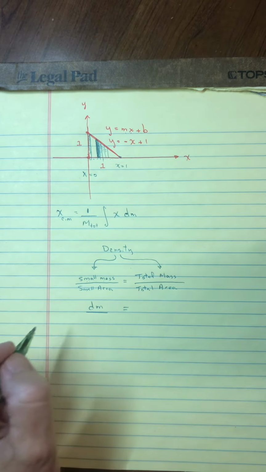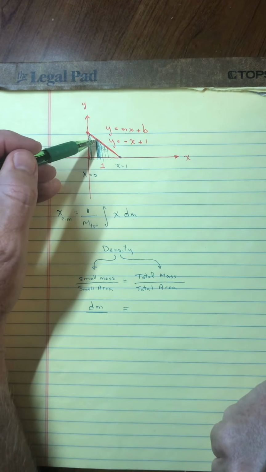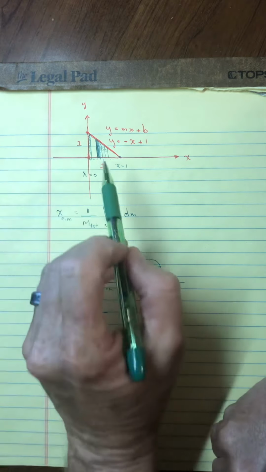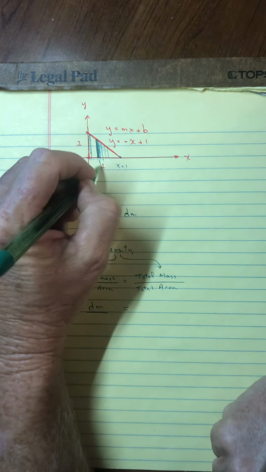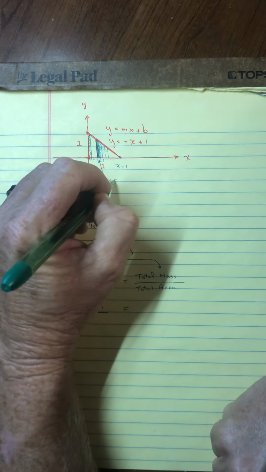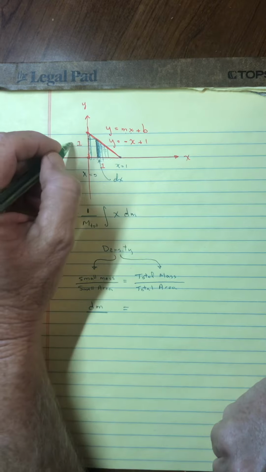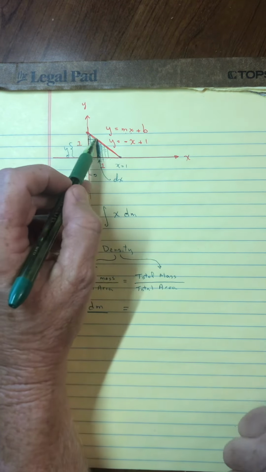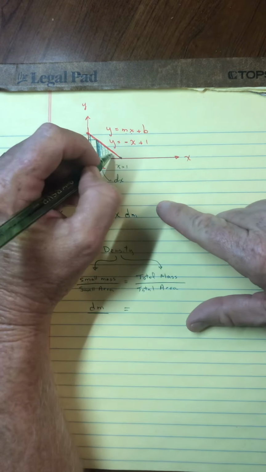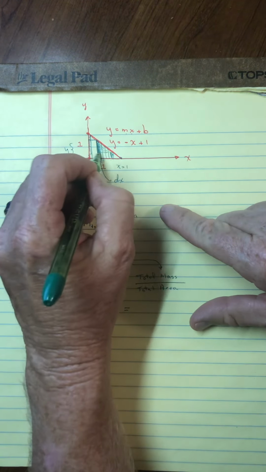And the area of this small strip, well, I guess that would be the height of it times its width. Now, since we're talking about a small little width, there's where the dx comes in. And then the height, I guess, would be the y along this line that's connecting them.